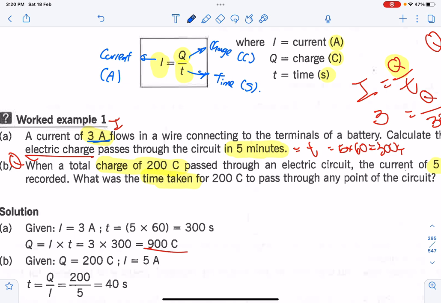One thing to note is that this is 5 minutes, but the formula requires seconds, so you will need to do a conversion. 1 minute contains 60 seconds. Of course, 1 hour equals 60 minutes, which equals 60 times 60, 3600 seconds. Generally that's it.